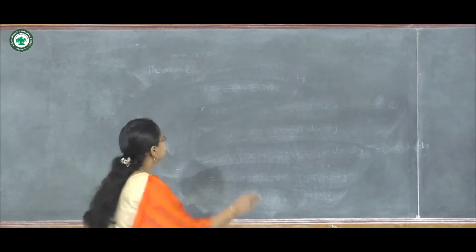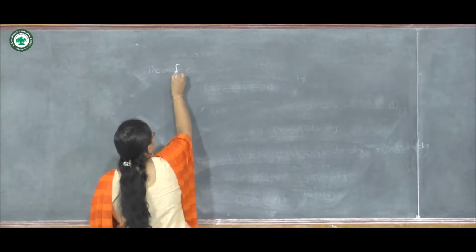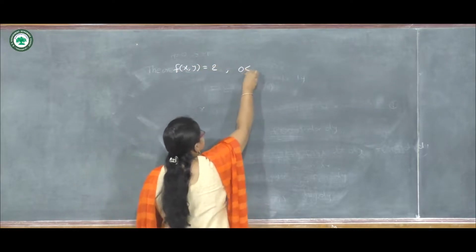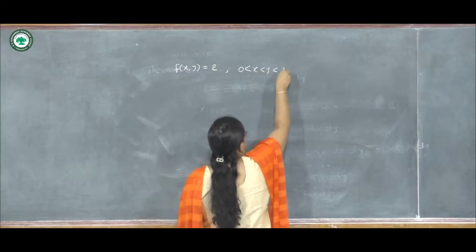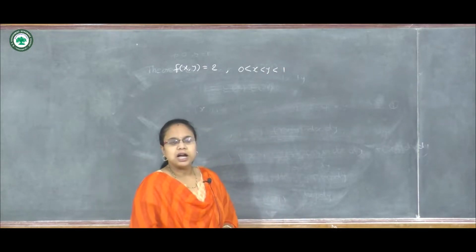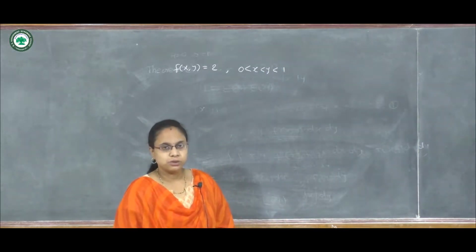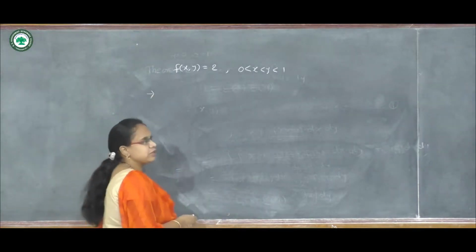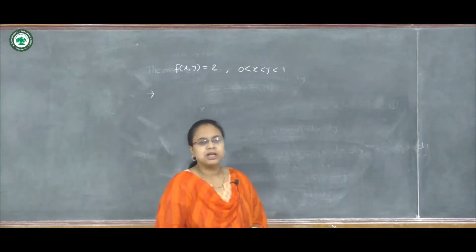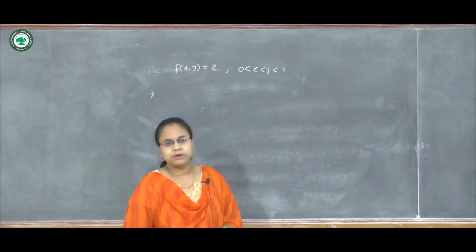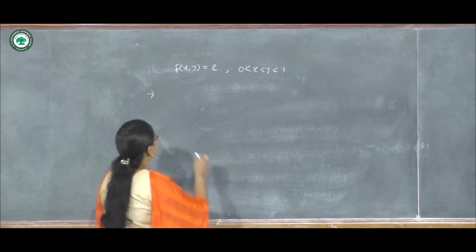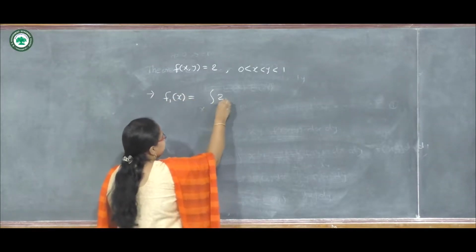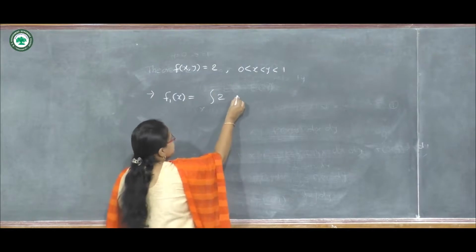Suppose we are given the joint PDF f(x, y) equal to 2. This is the given range, and we are asked to calculate its correlation. Then we will first find its marginal distributions, and then we will go for its correlation step by step. So f1(x) can be calculated by integrating this with respect to y.